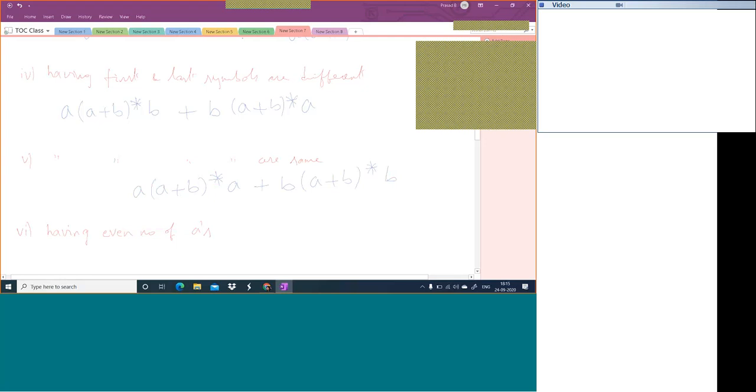Now tell me, in this, what is the first symbol? Can you see this one? Hello, use your mic. In this, the first symbol is A. And in this, what is the last symbol?